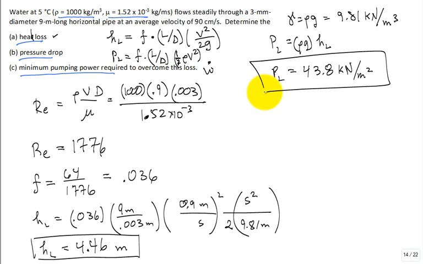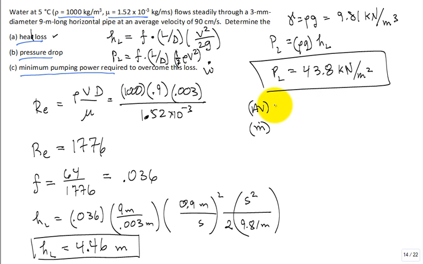Thank you. The last part, what's the minimum power, pumping power, required to overcome this loss? Well, you either have to get the volumetric flow rate, or the mass flow rate, or the weight flow rate, but I don't have a symbol for the weight flow rate. But probably the easiest one, since we already have the pressure loss, is the volumetric flow rate.